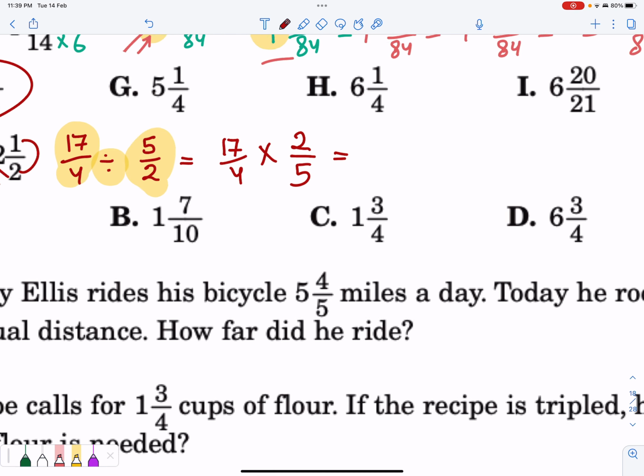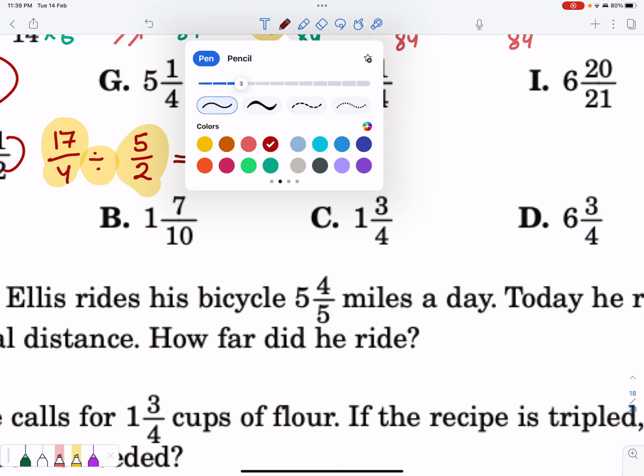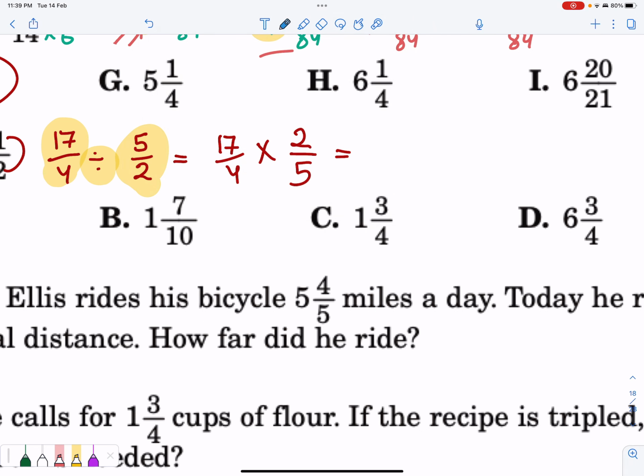Now you can multiply directly, or you can make it easier and simplify, because the 4 is equal to 2 times 2, right? You can cross one of these 2's with this 2 up here. So here you will just have 17 multiplied by 1, so 17 over, and down here you have 2 times 5, that is equal to 10.